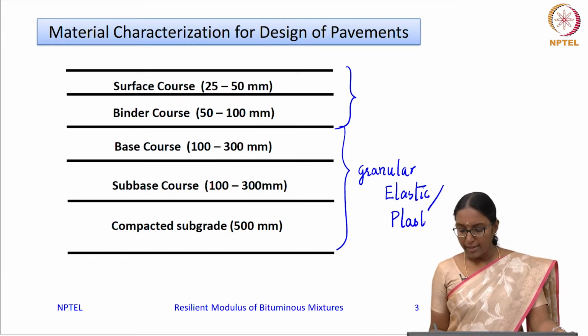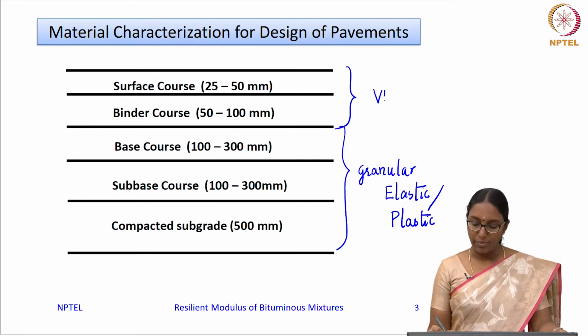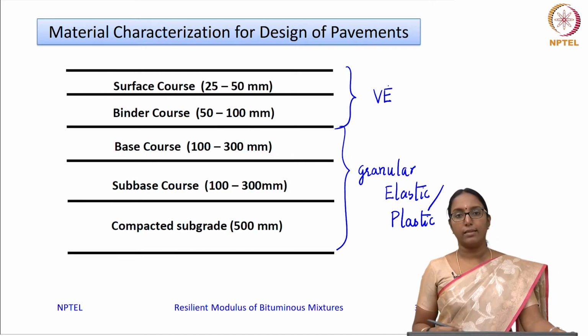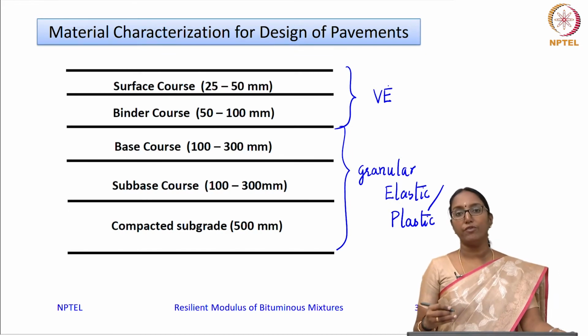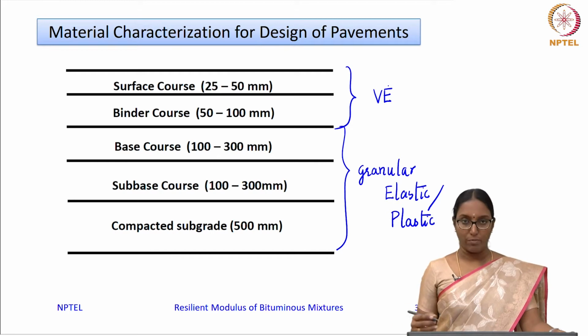Whereas the top layers, or your bituminous layers, exhibit viscoelastic behavior. Now when you want to design pavement layers like this, we should have sufficient information about the material behavior. You should have some modulus value which will go into the analysis of this pavement structure.